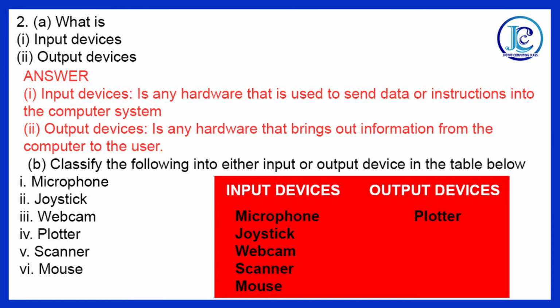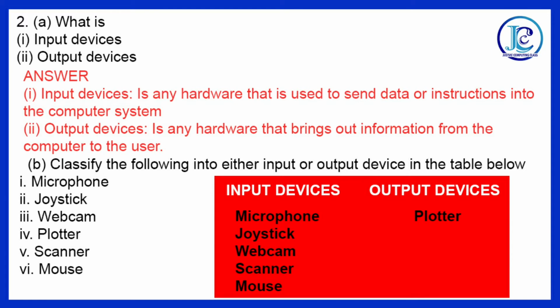Then the next one, which is question 2b, says classify the following into either input or output device in the table below. So we have microphone, joystick, webcam, plotter, scanner, and mouse. We are going to put them into the table and classify them whether they are input devices or output devices.